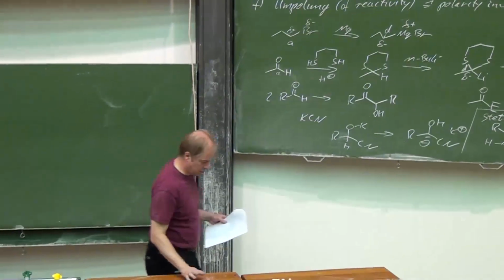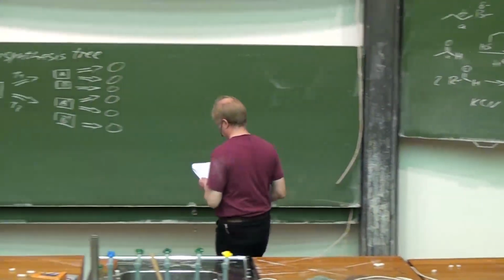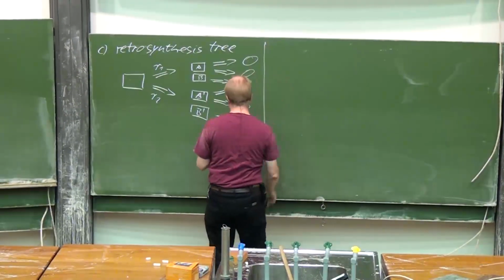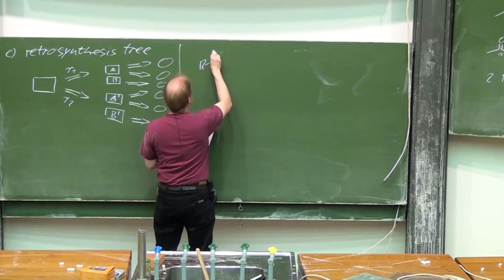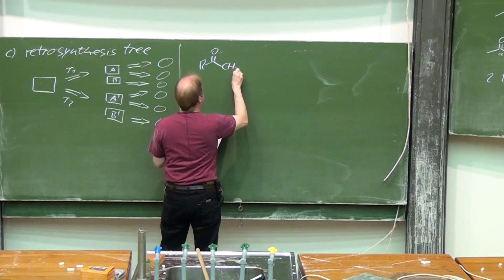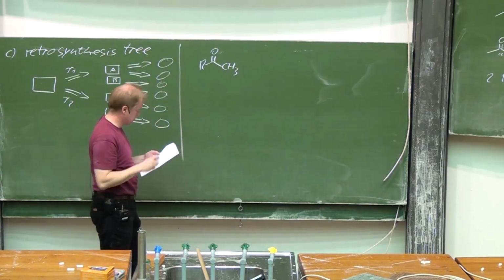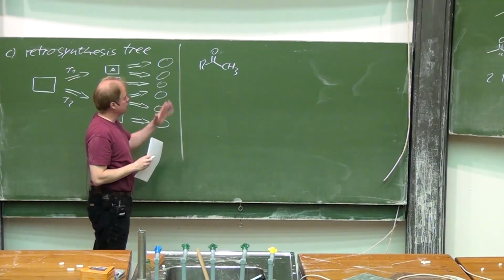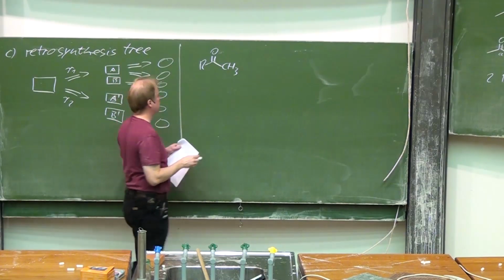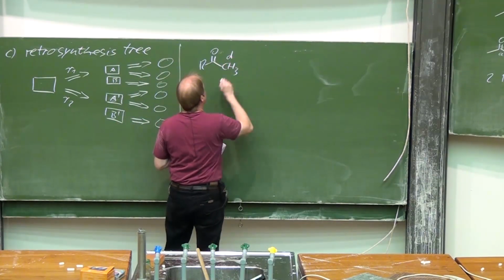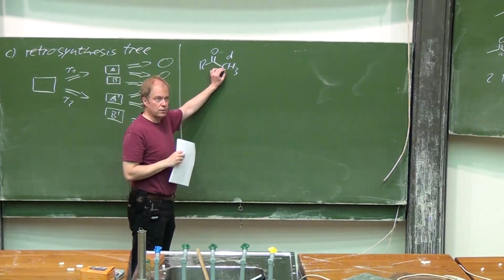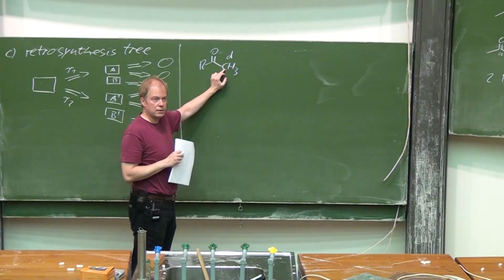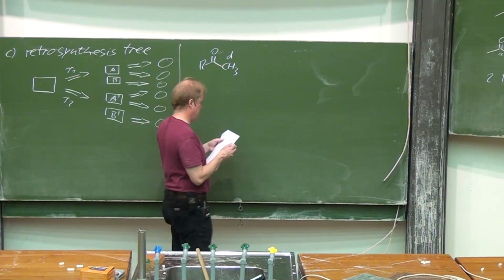More examples for Umpolung. For such an acetyl group, we can assign a donator reactivity to that CH3 group. Why a donator reactivity?